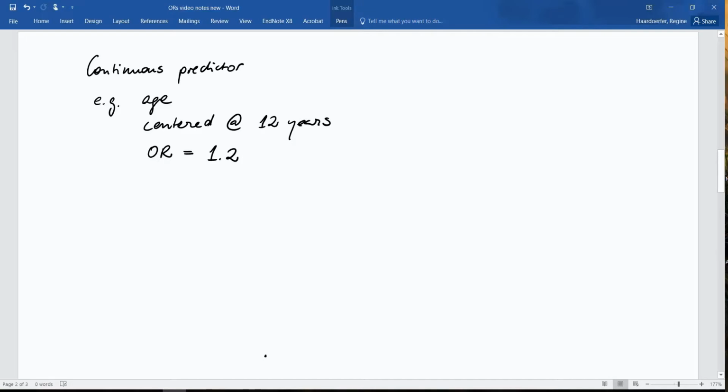So for a child of age equals 10, we would get our odds ratio for a 10-year-old would be 1.20 to the power of age. In general, that's what we get.